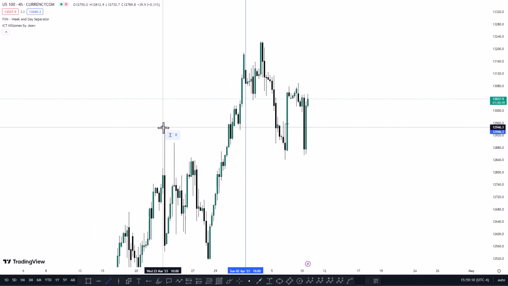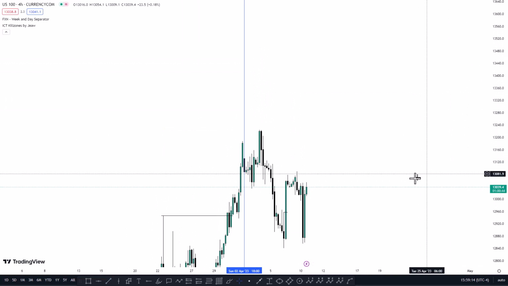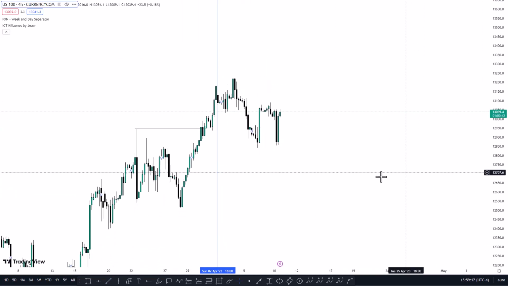So again, we have a break of structure, meaning you have a bullish range from here.